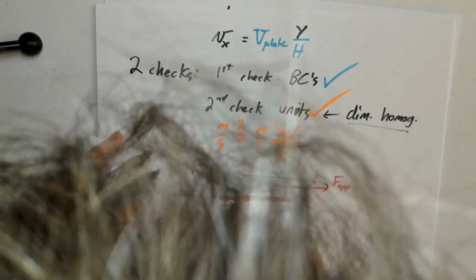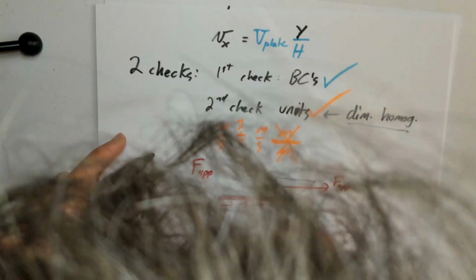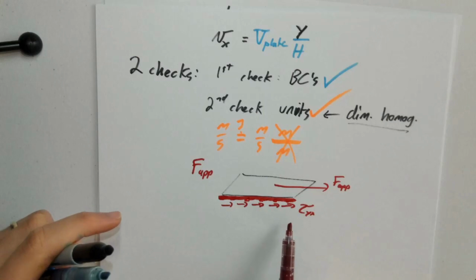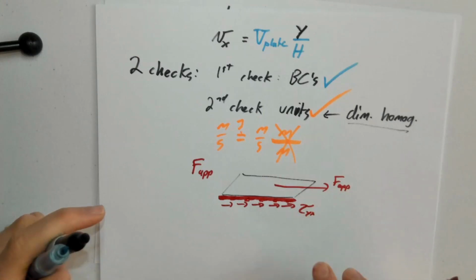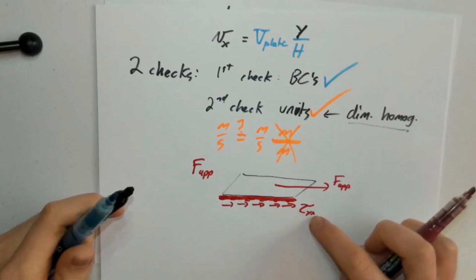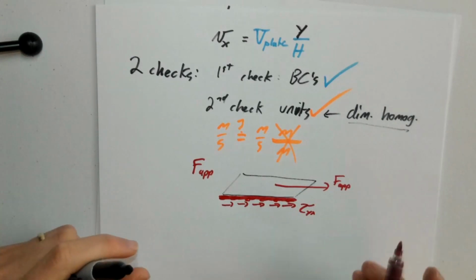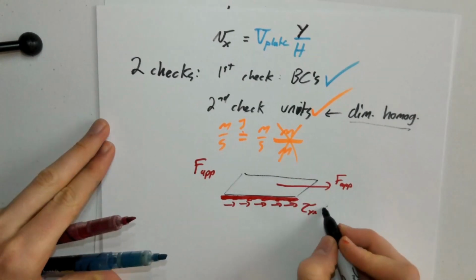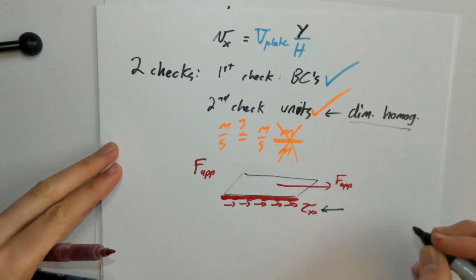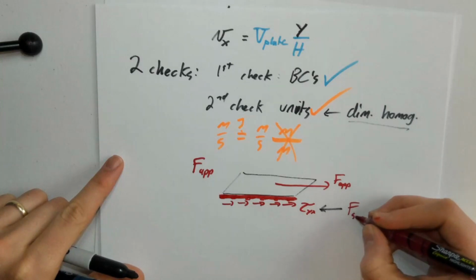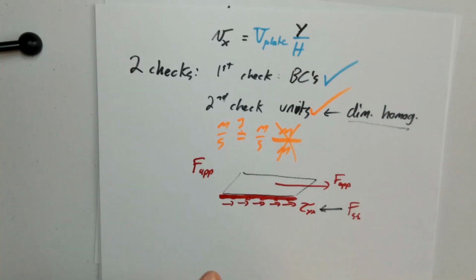So here, our tau yx is in a sense pointing like this, right? But we can't essentially equate forces and shear stresses. We need to translate this shear stress to the force that results from the shear stress first, right? So what is the force from shear stress due to this tau yx?